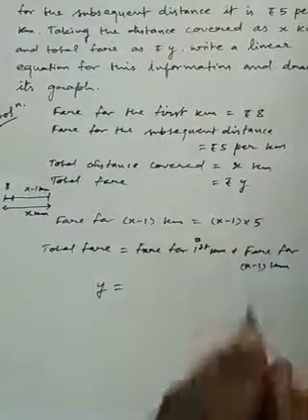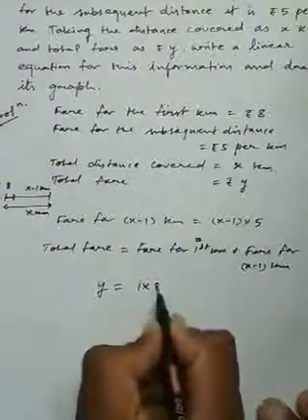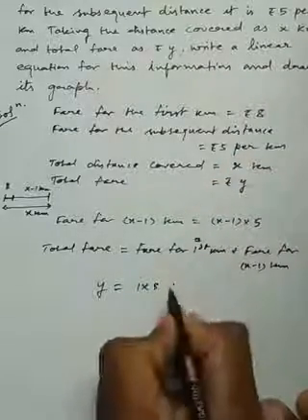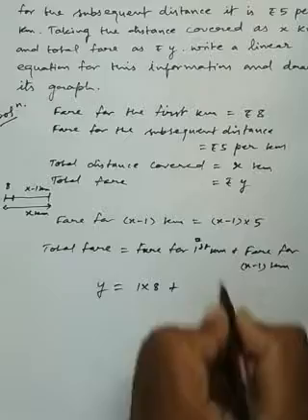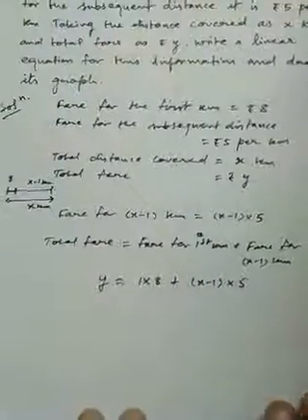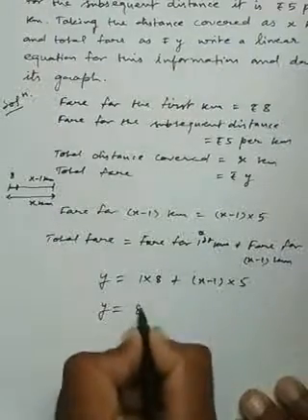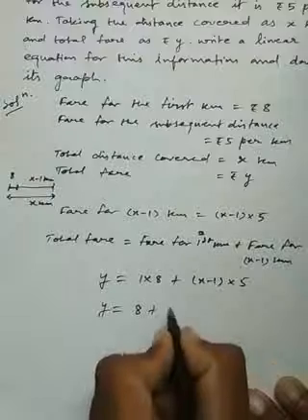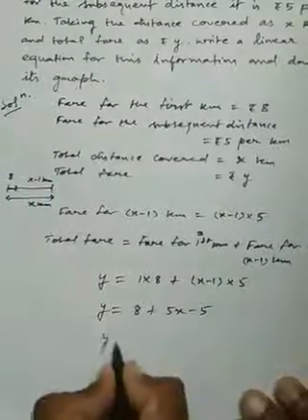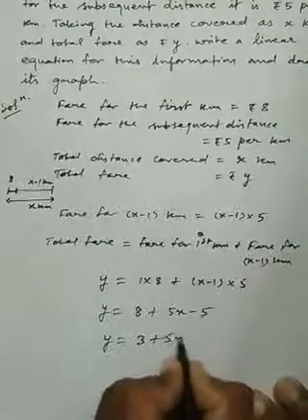Here total fare is rupees y, and it is equivalent to the fare for the first kilometer, 1 into 8, because its fare is given rupees 8, plus the x minus 1 kilometer, here x minus 1 into 5. This is the equation, and we can simplify it. 5 multiplied by x is 5x, 5 into 1 is minus 5, and y equal to 8 minus 5 is 3 plus 5x.